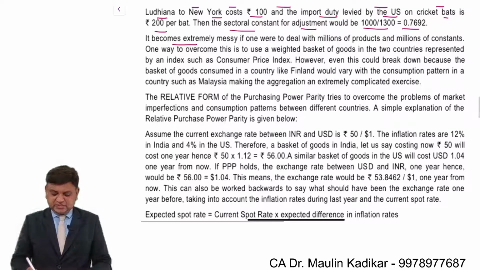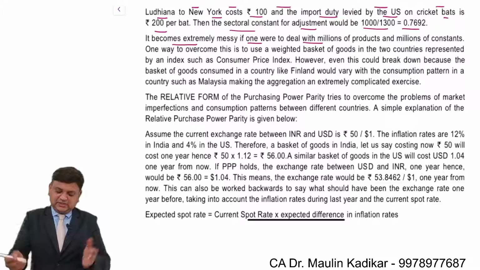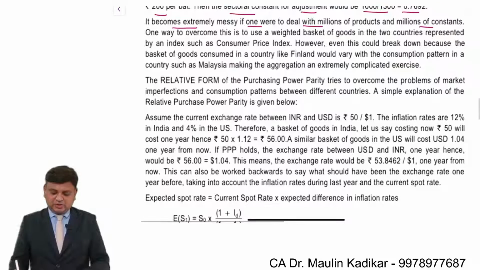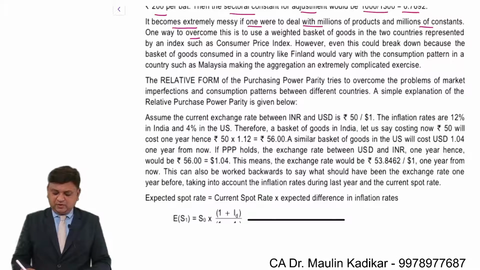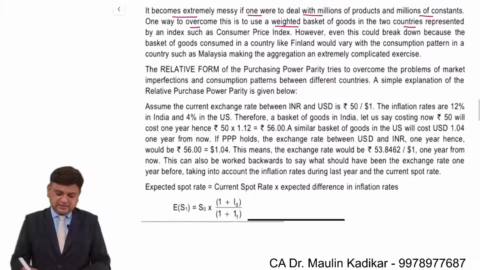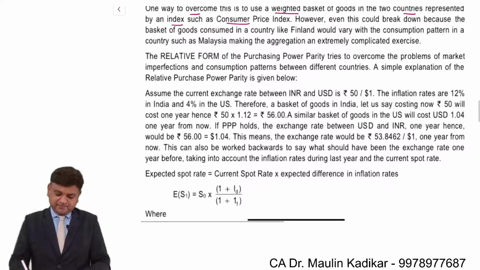It becomes extremely messy if one were to deal with millions of products and millions of constants. One way to overcome this is to use a weighted average basket of goods of the two countries represented by an index such as the consumer price index.